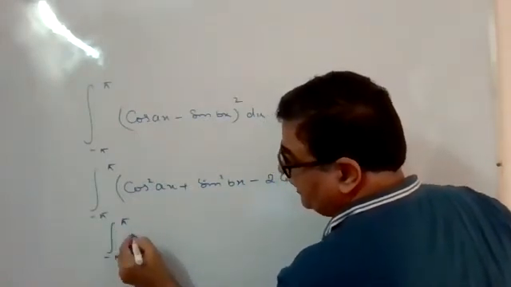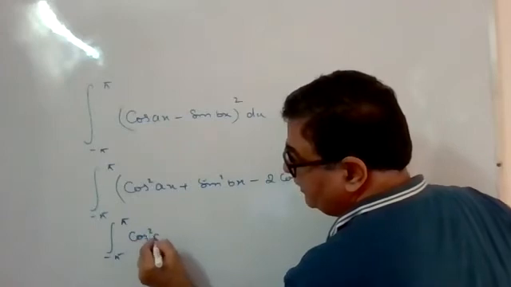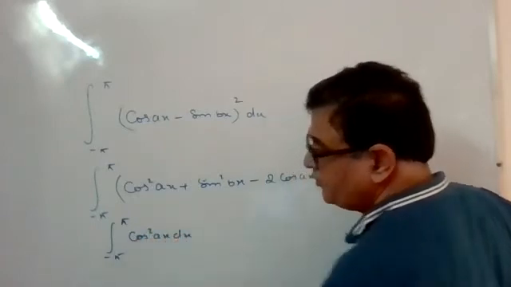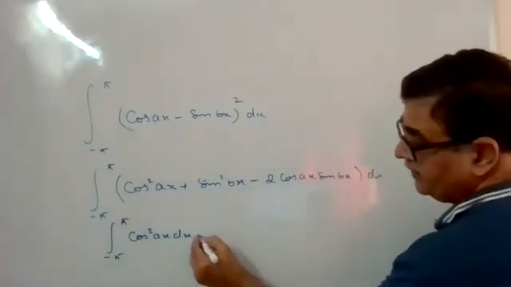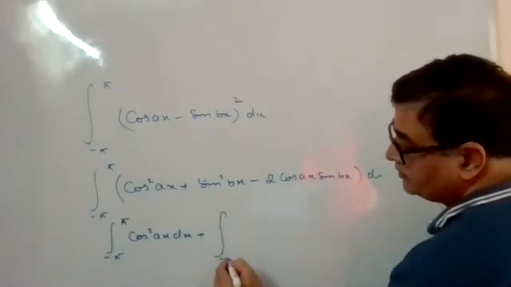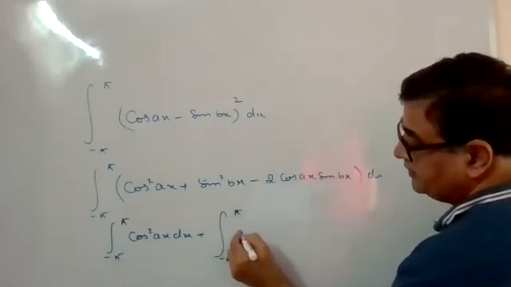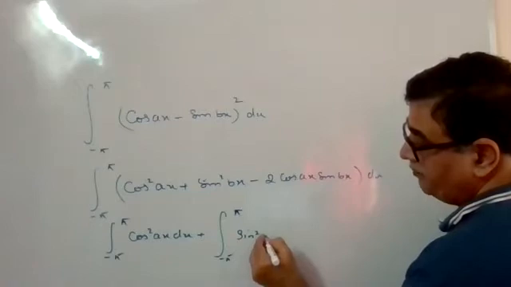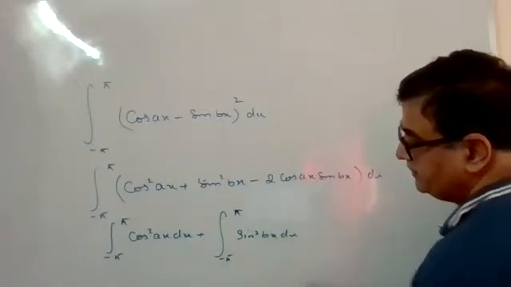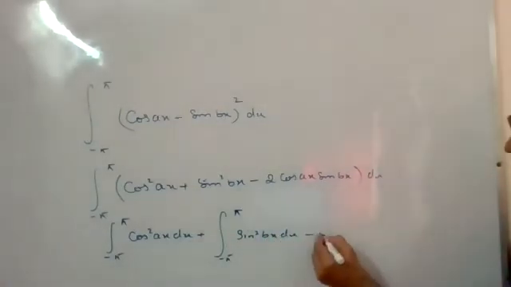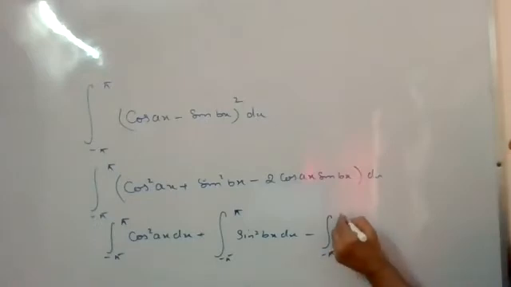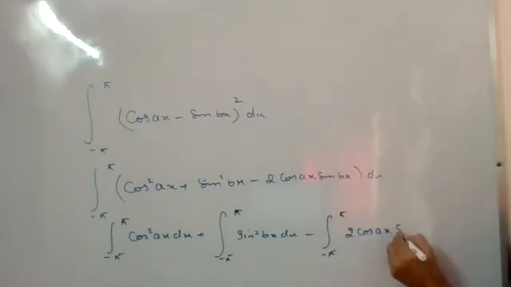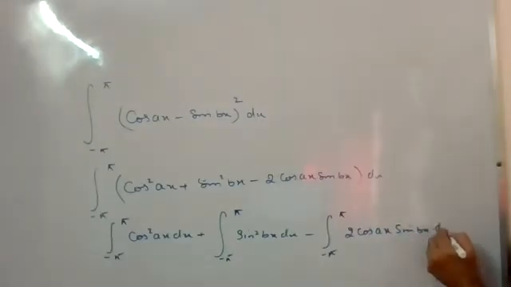Minus pi to pi cos square ax dx, first part. Second will come out to be minus pi to pi sine square bx dx. And third will come out to be minus pi to pi 2 cos ax sine bx dx.